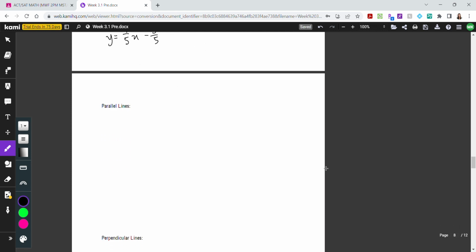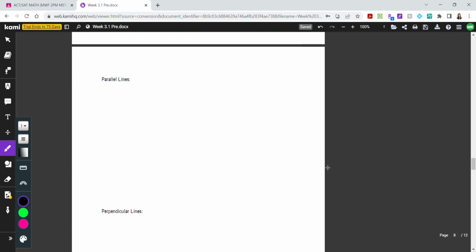All right. Now, parallel lines. Parallel lines means that the slope is the same. So let's say we're given y equals 3x plus 7.